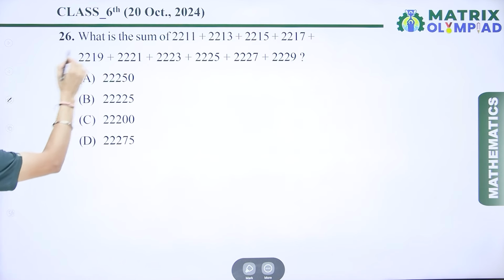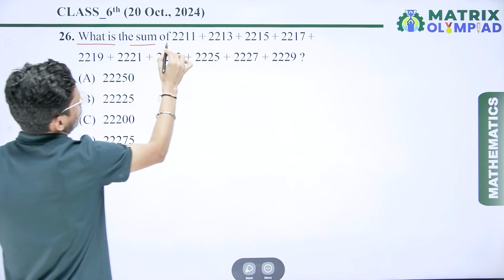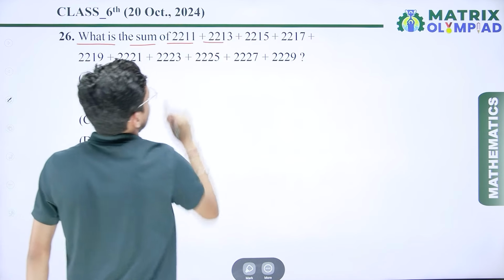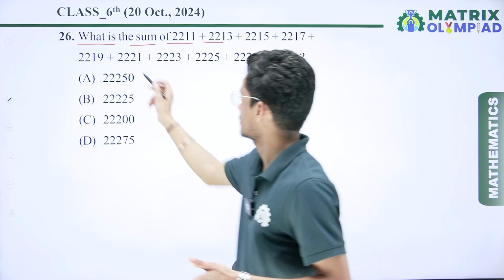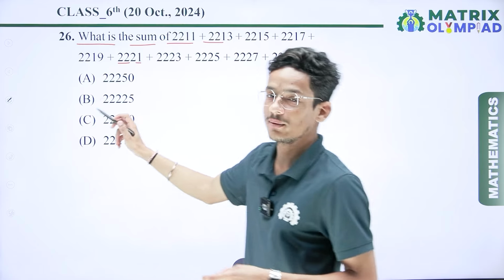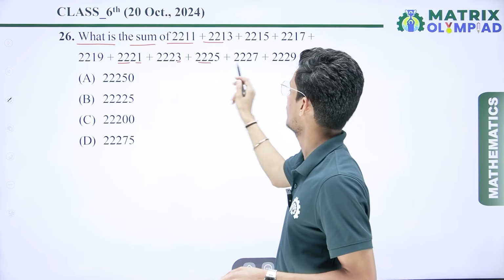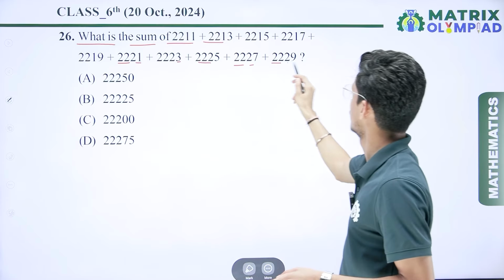Now the next question is: what is the sum of 2211 plus 2213 plus 2215 plus 2217 plus 2219 plus 2221 plus 2223 plus 2225 plus 2227 plus 2229?